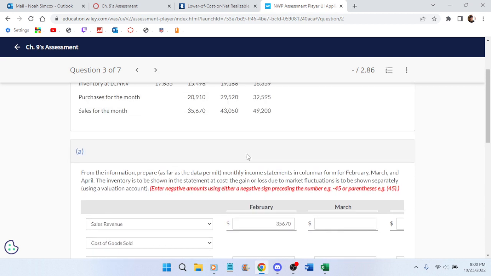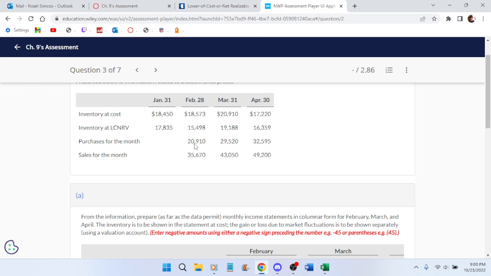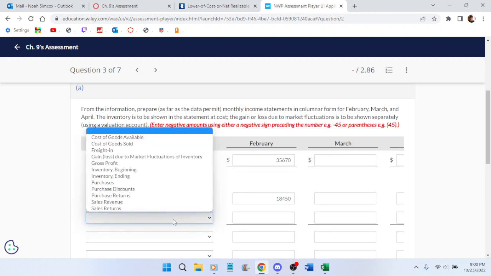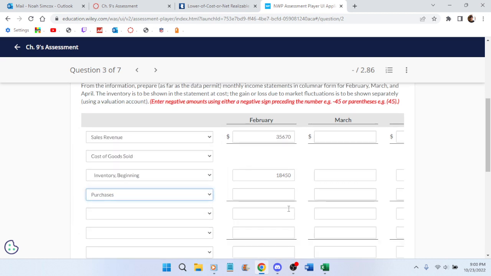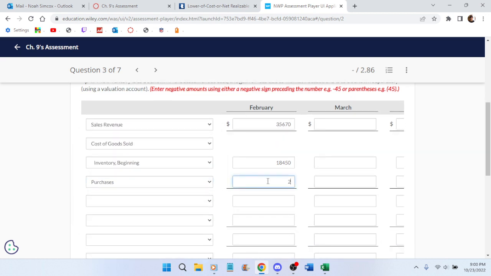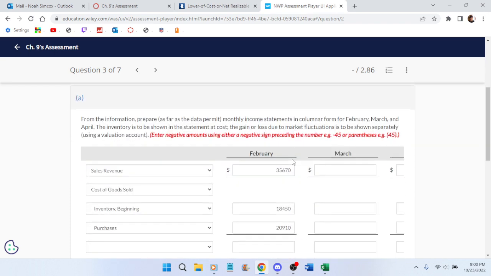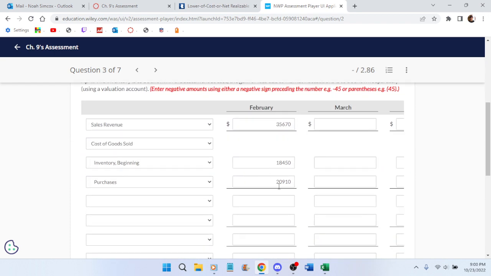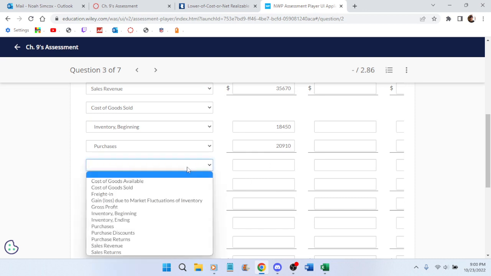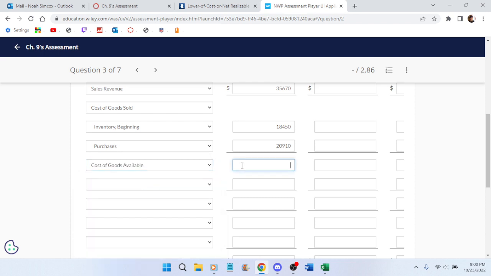Then you have your purchases for the month. You purchased 20,910. Did they include purchase discounts? No. Okay, so now you have your goods available for sale. So time to do addition.